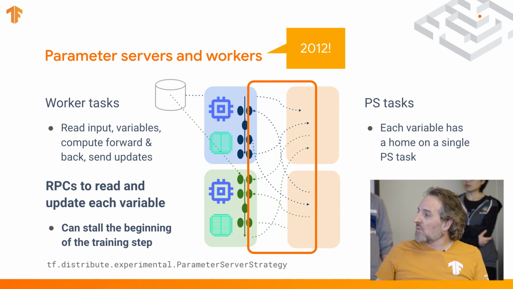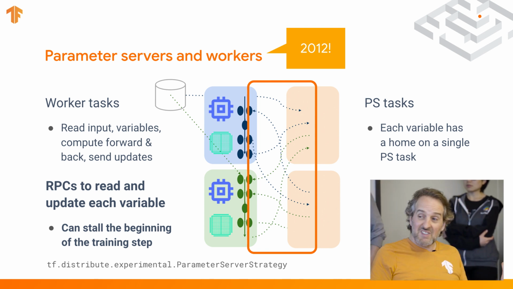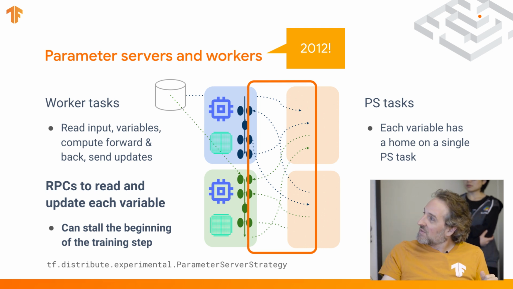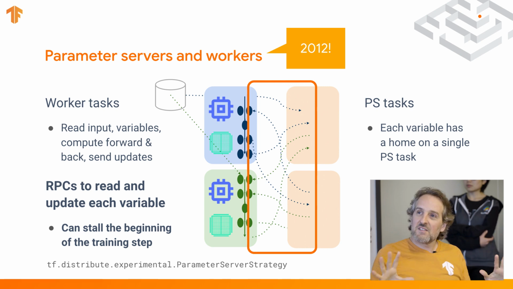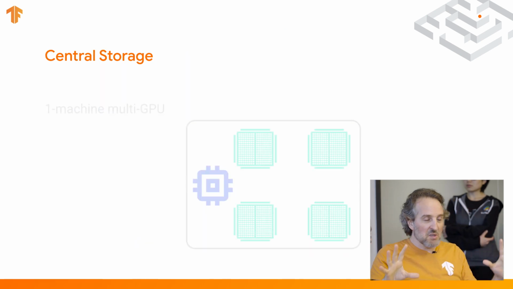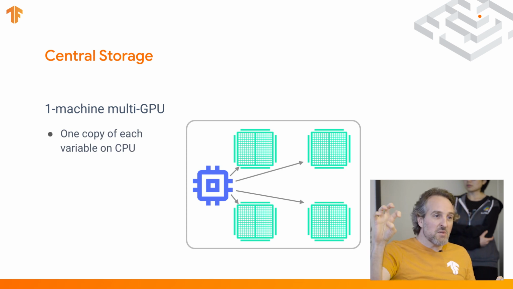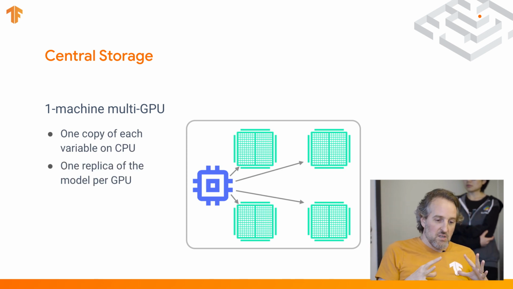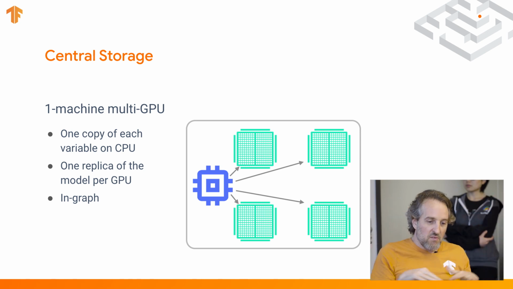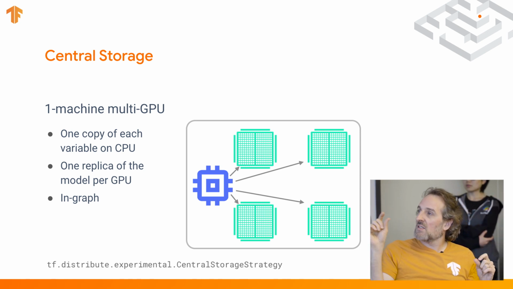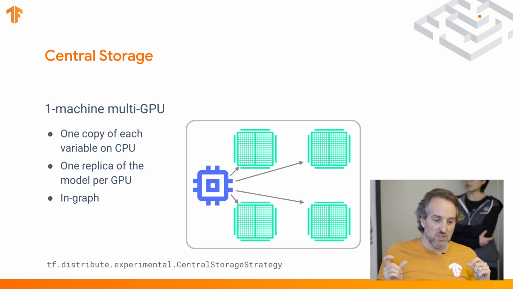Moving on to what I call the new central storage strategy, which I think is still in review, but basically I'm going to be talking about the vision of where we want to be. This is the parameter server strategy writ small. It's restricting everything to a single machine, and now we're distributing not across machines so much as across the accelerators within a machine.